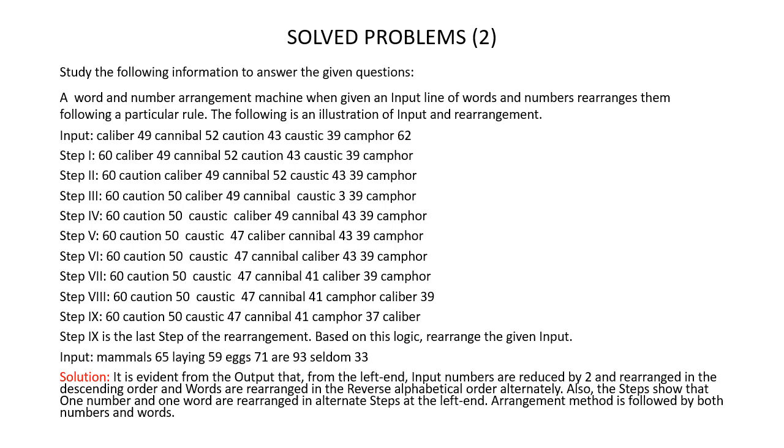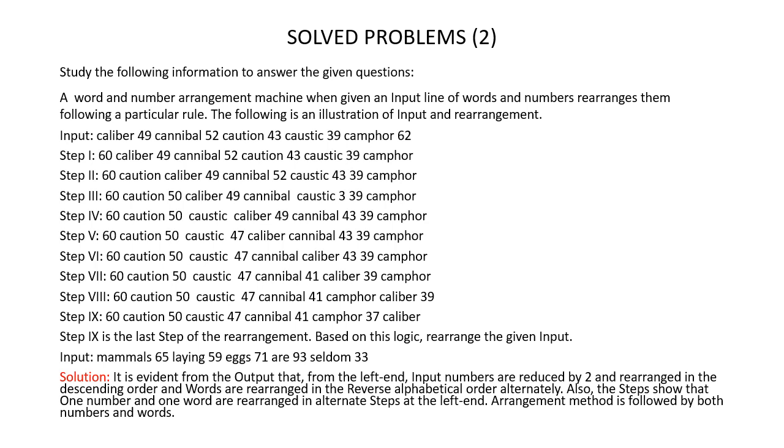Now let's see what changes are happening from the input to the final output. To do that, first we have to check the final output. This will give us an idea as to why a particular word or number is rearranged in the steps.